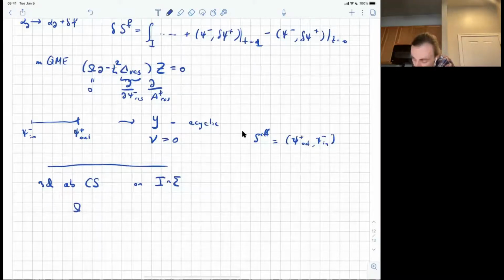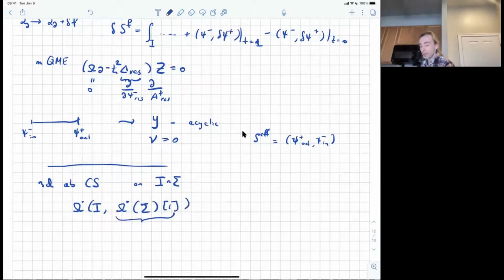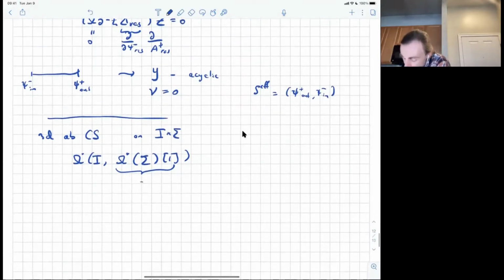So the fields will be differential forms on an interval with coefficients in forms on a surface, with a shift by one. So this is now my coefficient space. So I'm thinking of Chern-Simons on a cylinder as a one-dimensional theory with infinite-dimensional target. But this target now carries not just a pairing coming from Poincare duality on sigma, but in addition, it carries a differential d sigma, which gives you a target, a KZ Hamiltonian.